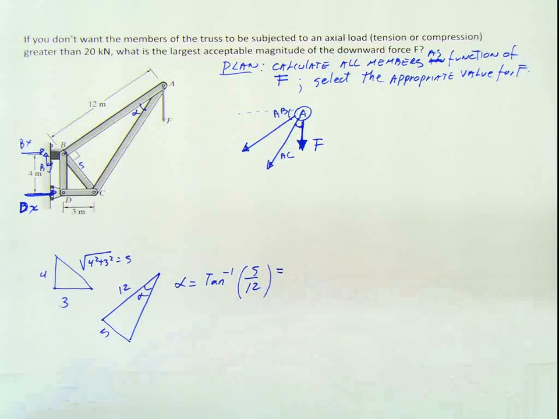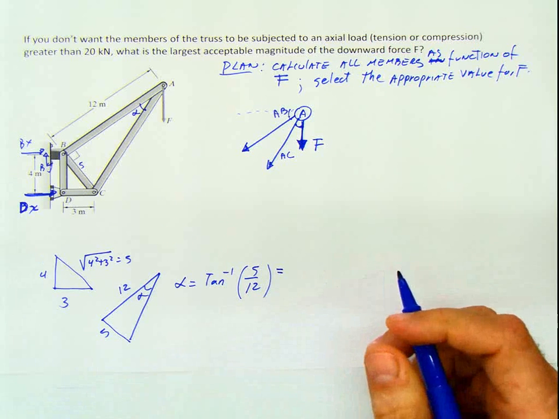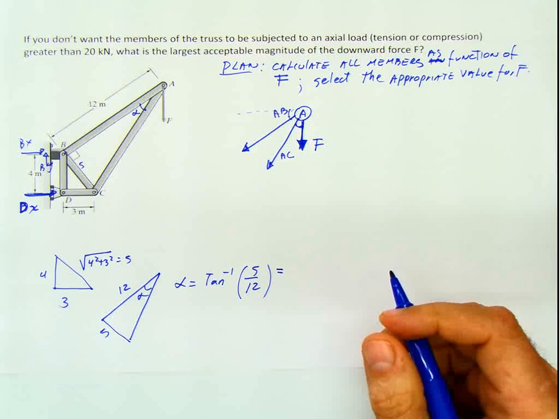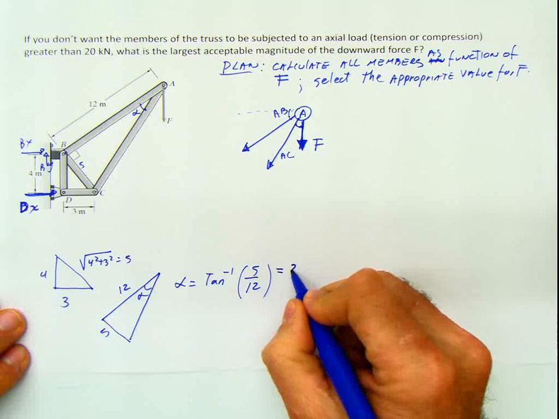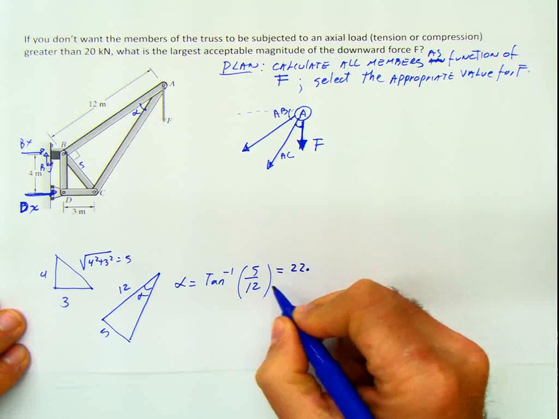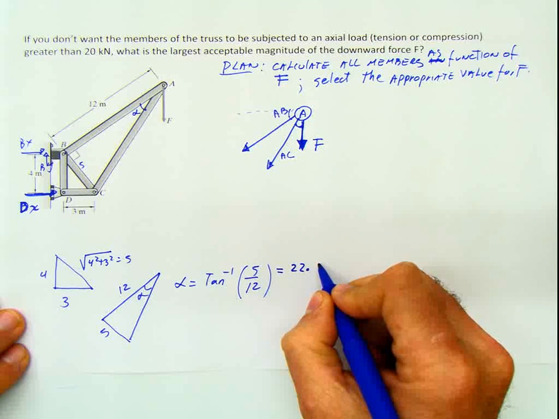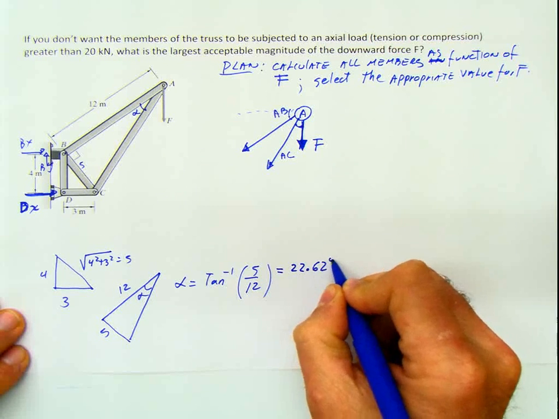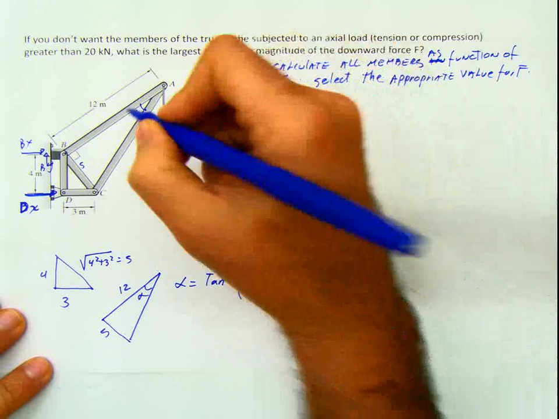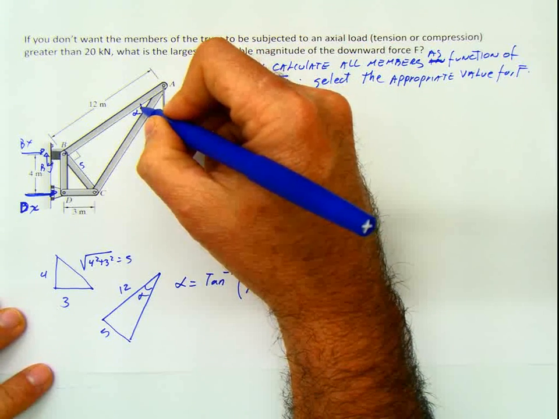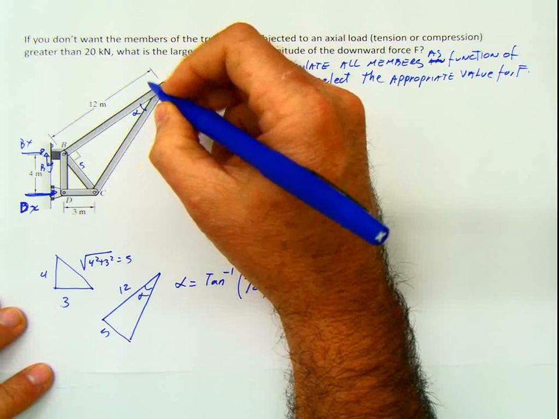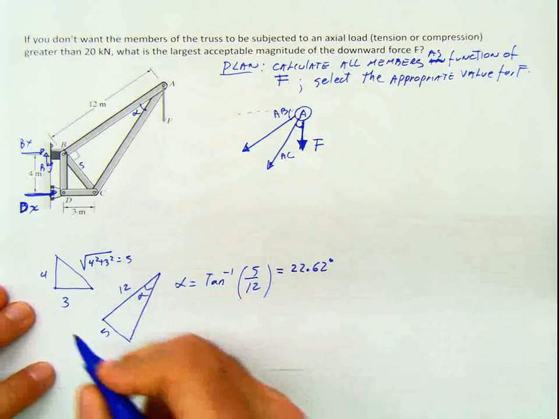That angle is going to be 22.62. Yes, that angle here is 22.62. And what do I need that angle for? Well, I don't need that angle per se, but I need all the other angles.